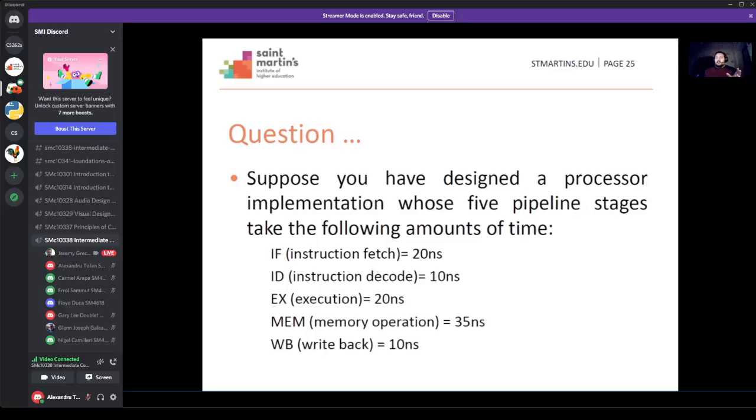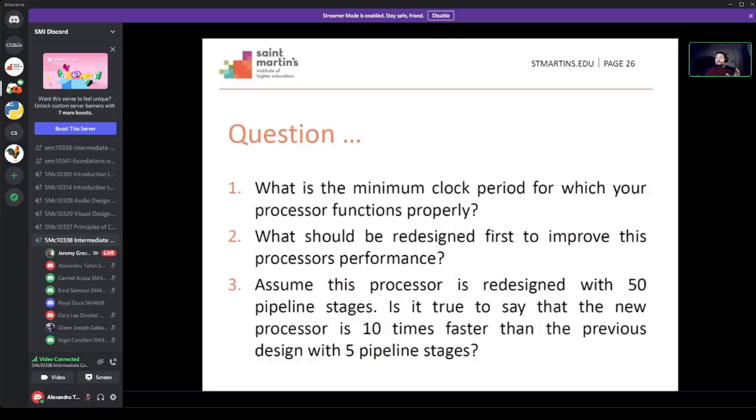So what can happen is the following. You can look at the minimum clock period which can make our processor function. This can be done in different ways.